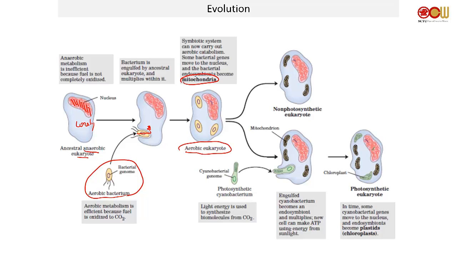This is why we think, of course nobody can know this for sure because this was billions of years ago, that mitochondria has its own DNA. Right? Mitochondria has its own DNA, and that DNA looks a lot like bacterial DNA. So people think that's how it happened.